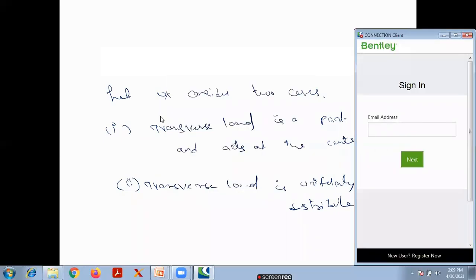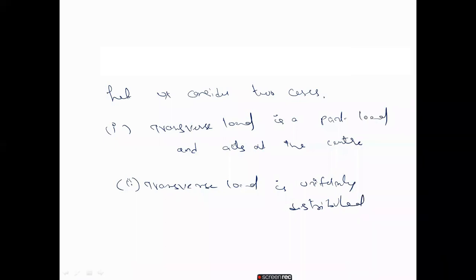So for the beam columns, my dear students, we have to consider two cases. The first case is the transverse load is a point load acting at the center. The second case is the transverse load is a uniformly distributed load.